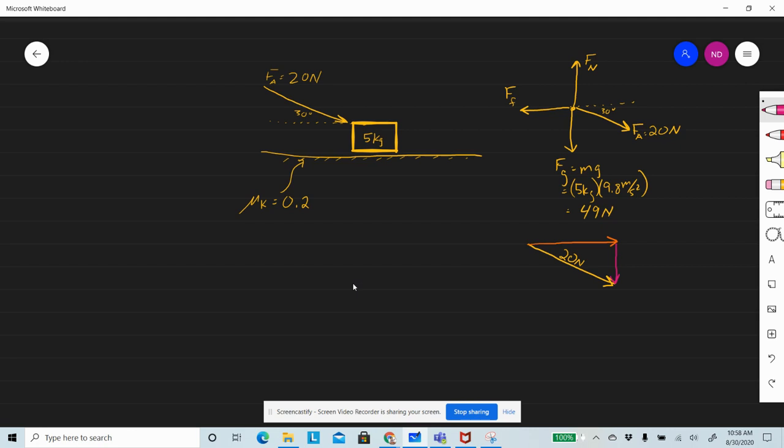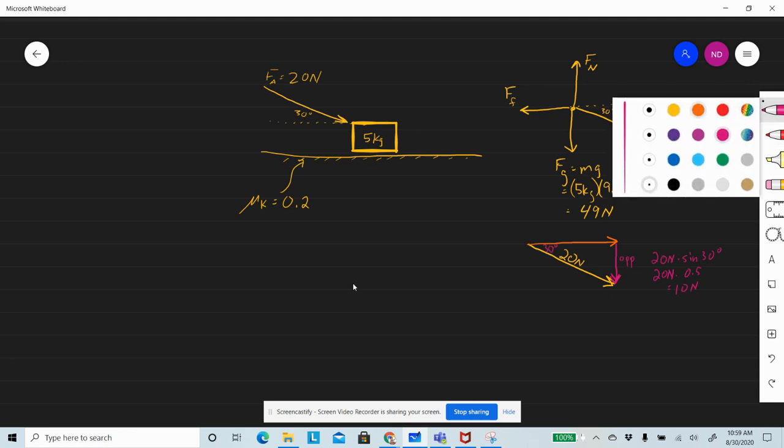If that angle is 30 degrees, this vertical piece, the downward piece, is opposite to 30 degrees. So the amount of force that's down is 20 newtons times the sine of 30 degrees. Sine of 30 degrees is a half, so 20 times a half is 10 newtons.